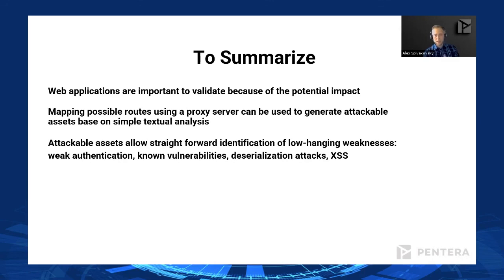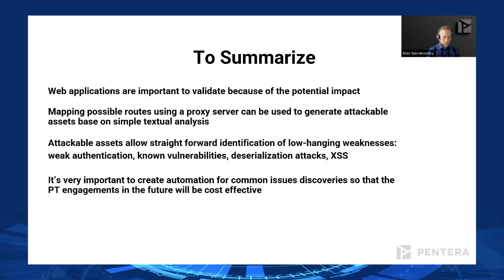Each attackable asset allows straightforward identification of low-hanging fruits and weaknesses: weak authentication, known vulnerabilities in supporting technologies, deserialization attacks, reflected cross-site scripting, and more. It's very important to create automation for common issues discovery, because it improves the effectiveness of the penetration testing engagement and allows you to get results quicker.